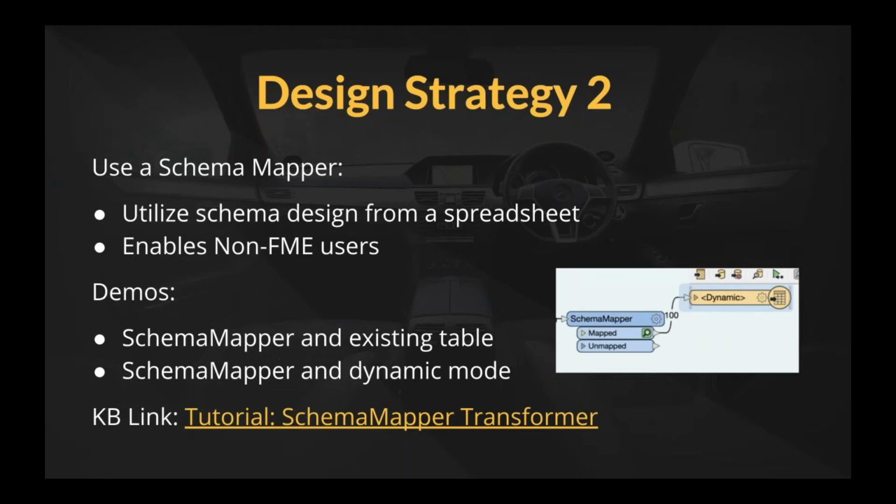That could be somebody who knows the data really well but doesn't use FME. It's a really powerful way to externalize this and create a strategy for yourself that lets you manage this very, very easily. So again, I really like this for enabling these non-FME users to help you.